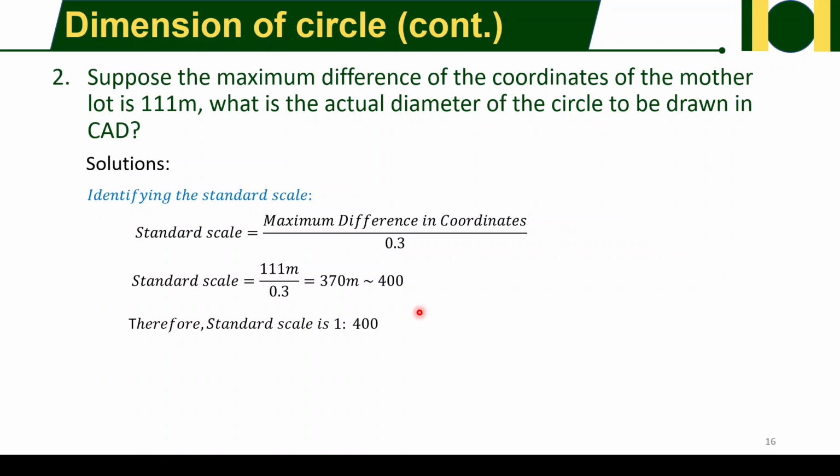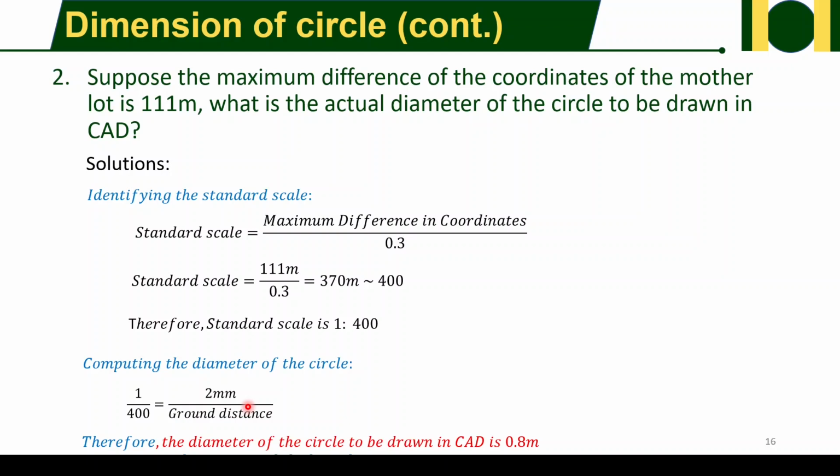Once you have the scale, you will now know the actual diameter using the formula from the map scale. 1:400 is equal to 2 millimeters over the ground distance.